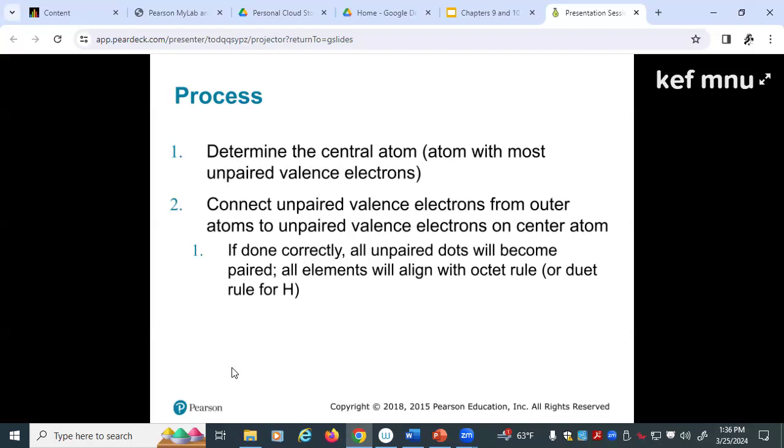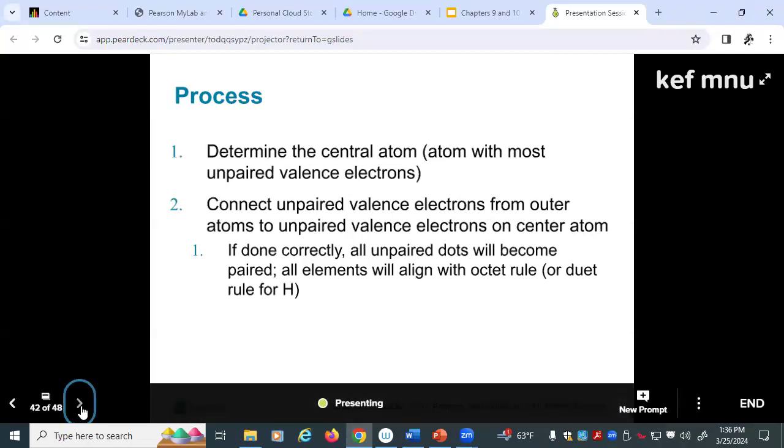We want all atoms to obey the octet rule. We want all the unpaired electrons to get paired up. And so that's all that we try to do. That's all that we can do. Let's take a look at some example problems.